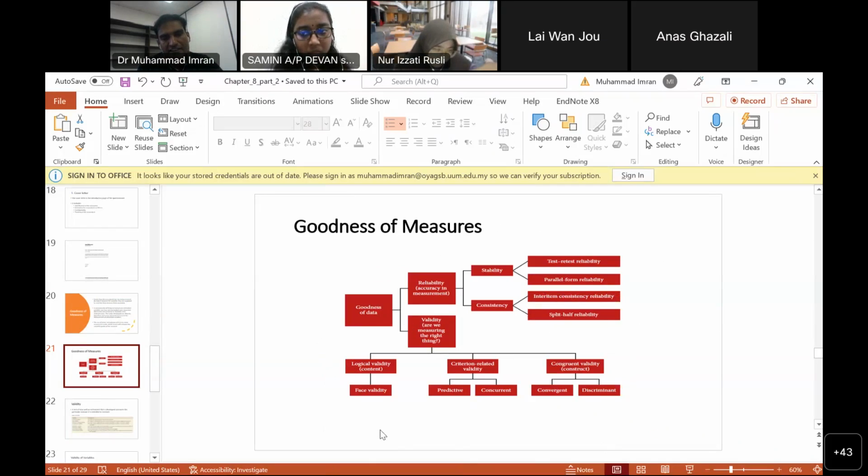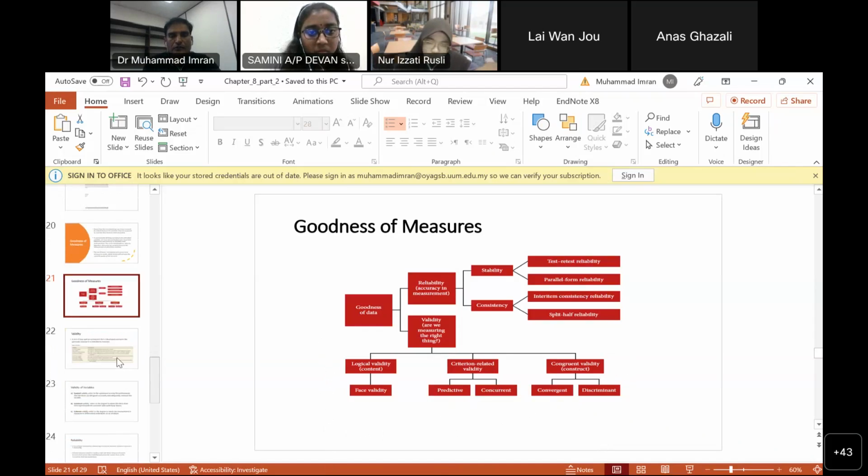Logical validity is divided into face validity. Face validity is okay if it can be read easily and understood easily. Criterion-related validity, predictive and concurrent, and further construct validity, convergent and discriminant validity.